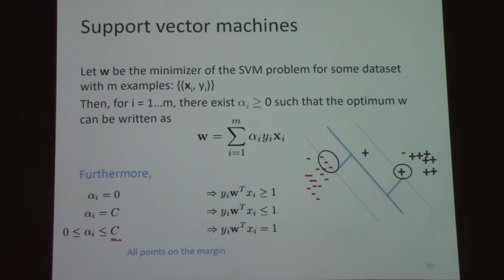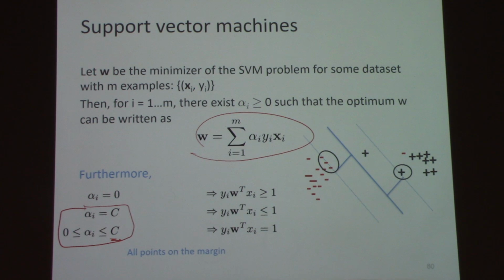So a couple of you already identified the main point here, which is that the weight vector W is entirely defined only by points where alpha is not equal to 0, because the weights are simply the linear combination of the input points combined using these alphas.